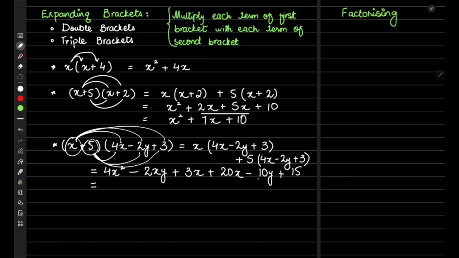The only like terms that we have are 3x and 20x. So let's add them up. 4x square minus 2xy plus 23x minus 10y plus 15. So this is how.